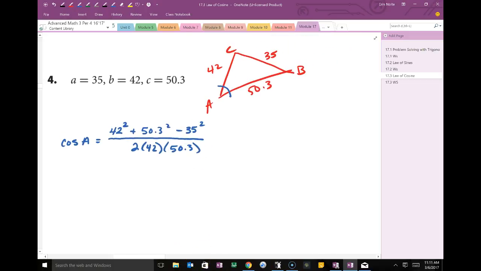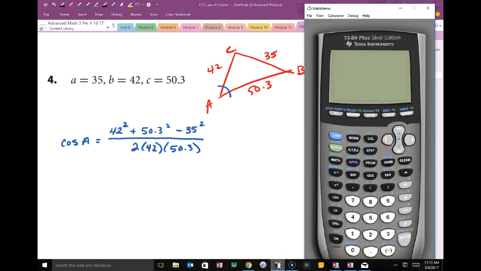Again, a vital piece of this is typing this into the calculator correctly, so I'm going to show you how I would do it. This is not the only way, but of course it's the best way because it's my way. Consistency. I'm going to type it exactly as I see it, using the fraction button so I have a top and a bottom. I hit alpha y equals and enter on number 1 and type exactly what I see: 42 squared plus 50.3 squared minus 35 squared.